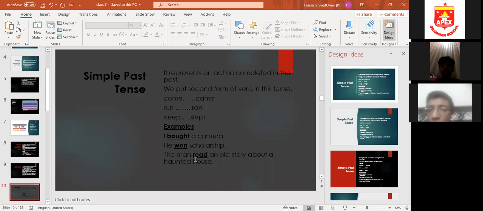The man read. When we are telling about past, there's a change in the pronunciation of the verb read. Read, read. That doesn't mean you are going to write RED. Okay, you will not write RED. It's READ, but you are going to pronounce it as read. The man read an old story about a haunted house.